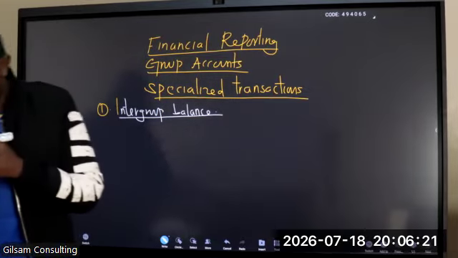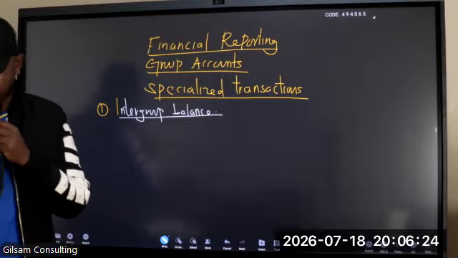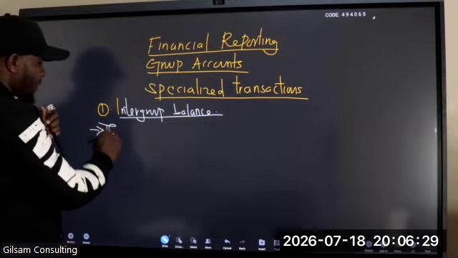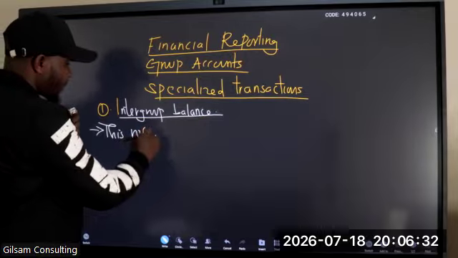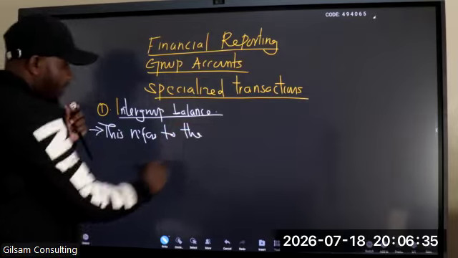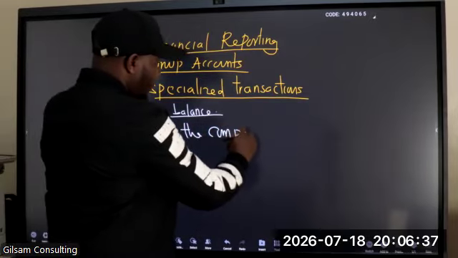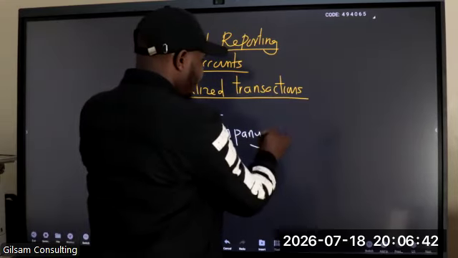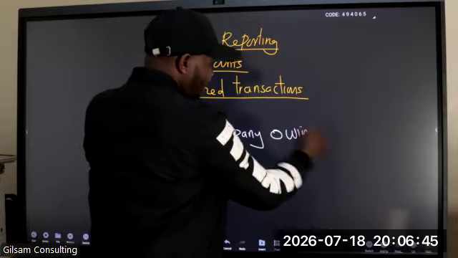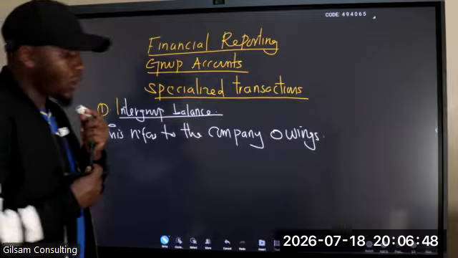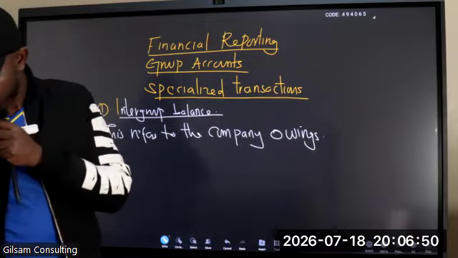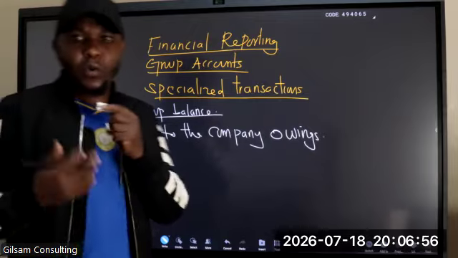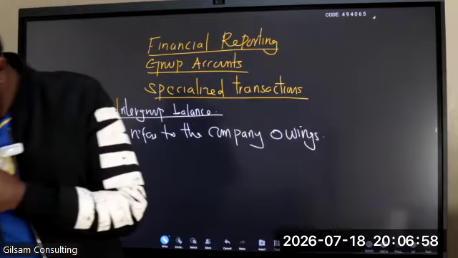You write to say this refers to the intercompany indebtedness, or we can just use the simpler word, owing. Refers to the companies owing, in case where the group companies owe each other.